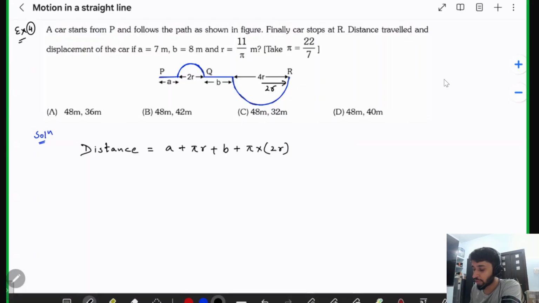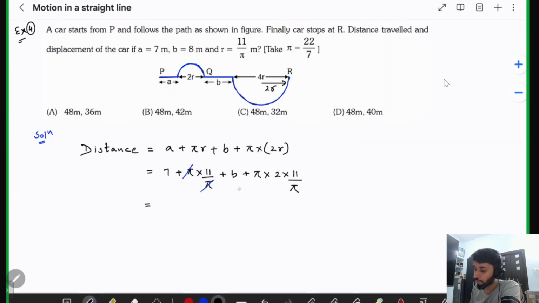Now let us just simplify this. They are given some values. So a is 7. So 7 plus pi into r, r is 11 by pi, so pi into 11 by pi, plus b plus pi into 2 into r. R is again 11 by pi, right? So now if we simplify this, what will this become? Here pi gets cancelled, and b value I forgot to put.